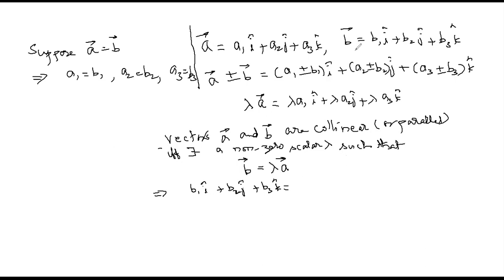Substituting the value of B in terms of components, and lambda times A1 i plus A2 j plus A3 k. Okay.